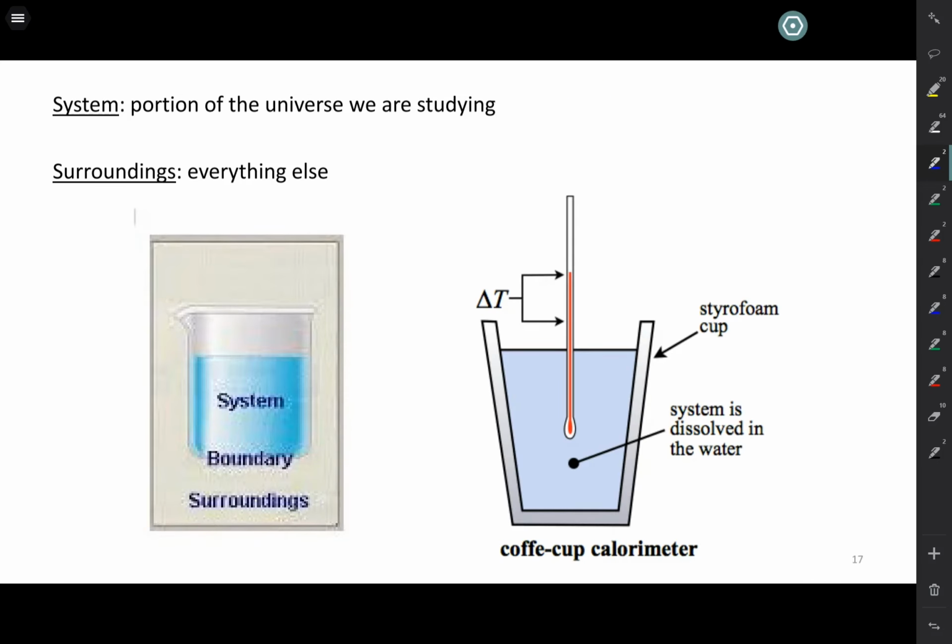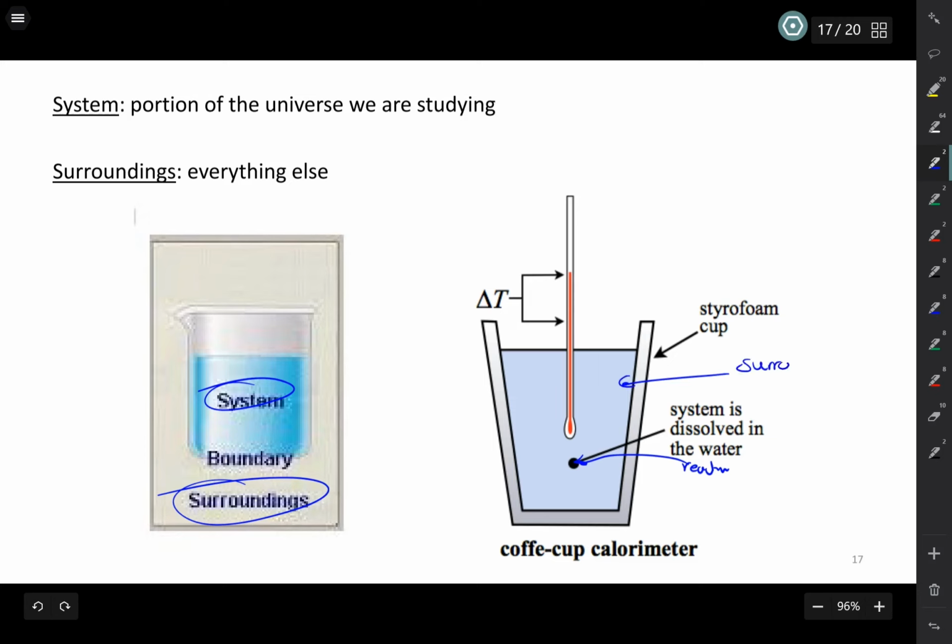Just for example, if we're in the lab, our system might be the inside of a beaker, and the surroundings might be the lab. Or the system might be the reaction that's happening in the water, and the surroundings are the water.